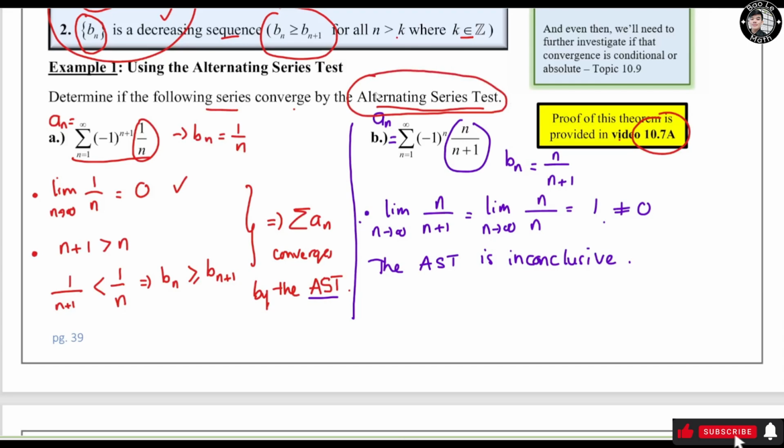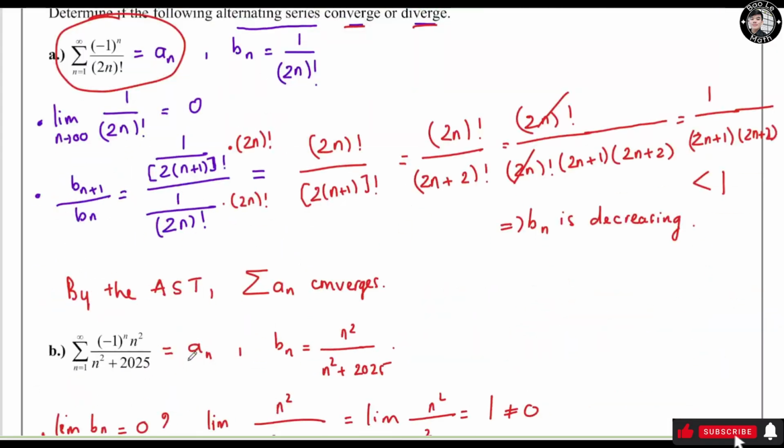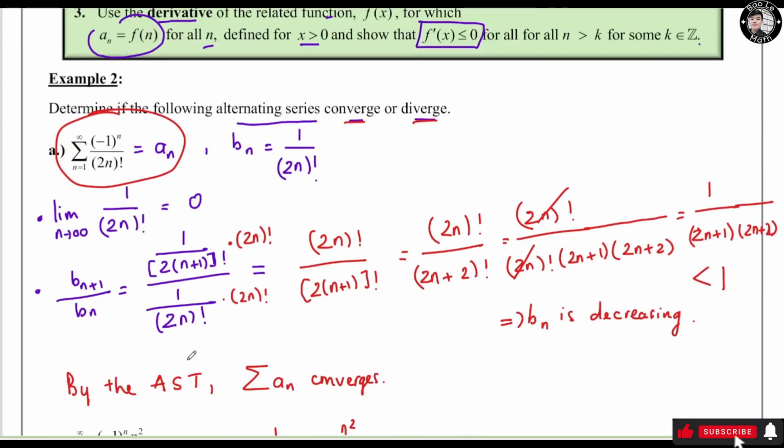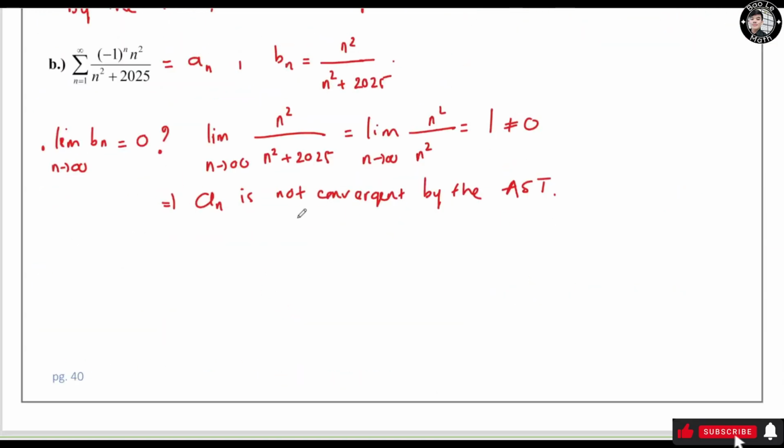So they make you use this theorem. But in example number 2, you can use whatever theorem to verify if this alternating series converges or diverges. So you're not going to stop right here, you need to do more.